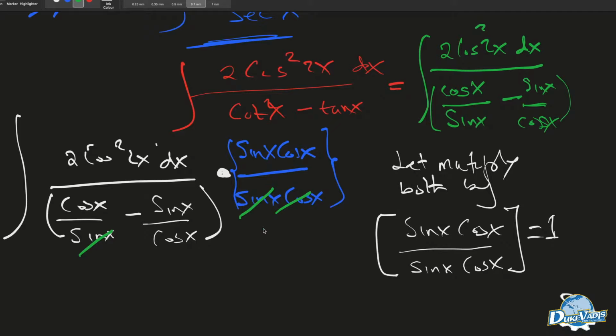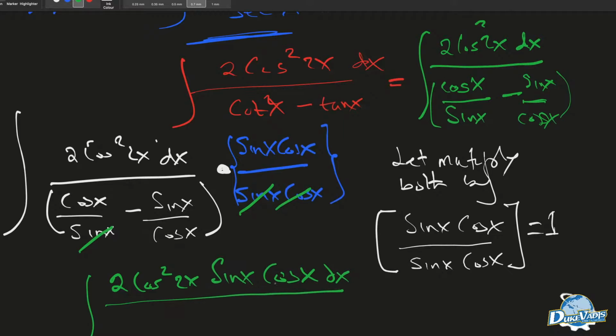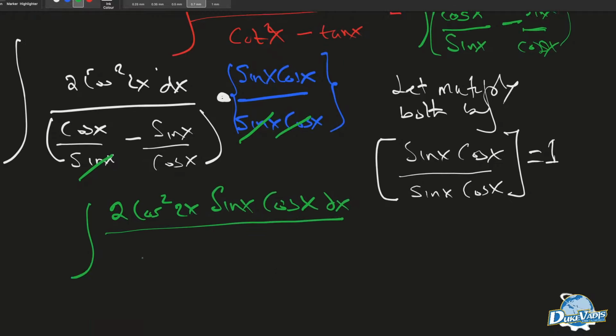So the top one will be the integral of 2 cos squared 2x sin x cos x dx, all divided by the bottom one, which is going to be cos squared x minus sine squared x. Ooh la la.